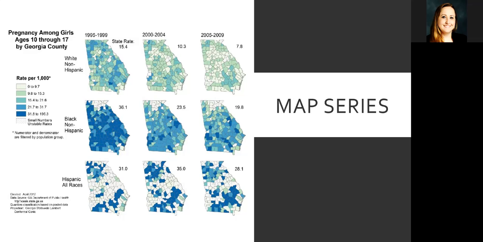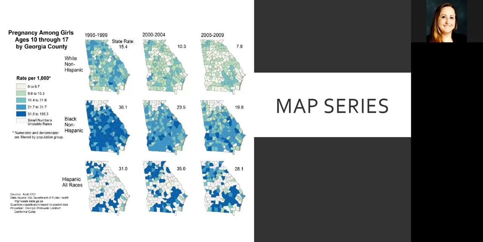And I'm not quite sure. I think over time, oh no, they do have the averages. So then over time, Hispanic girls ages 10 to 17 have also decreased in rates. What's interesting with Hispanic girls is that they, for some reason, increased from 2000 to 2004.